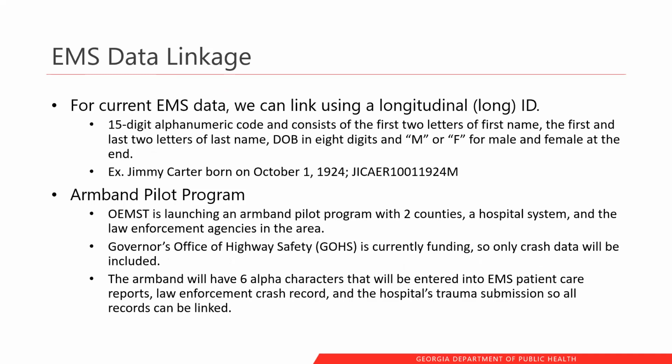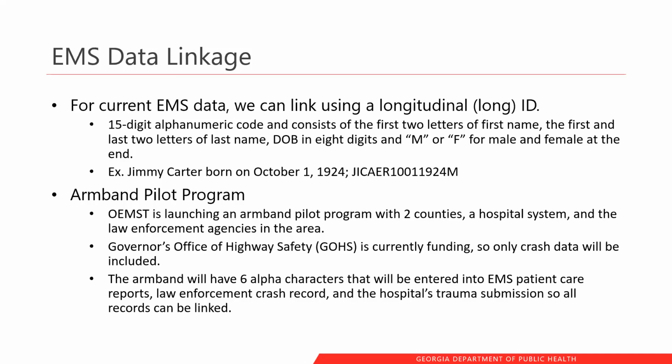So another question we think about a lot: we have all this EMS data, but how can we link it to other data sets? Currently, we can link EMS data using a longitudinal ID. That's a 15-digit alphanumeric code, and it consists of the first 2 letters of the first name, the first 2 letters of the last name, and the last 2 letters of the last name, as well as the date of birth and male or female at the end.